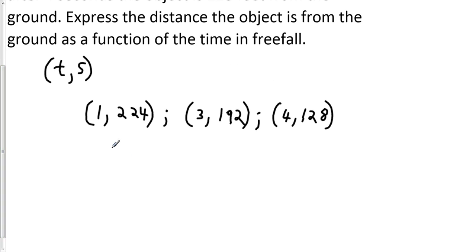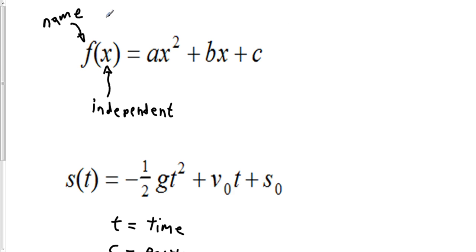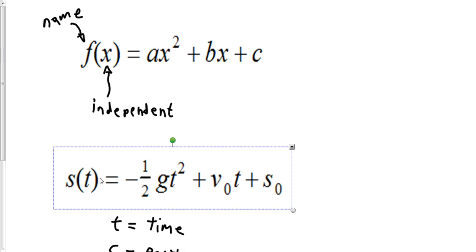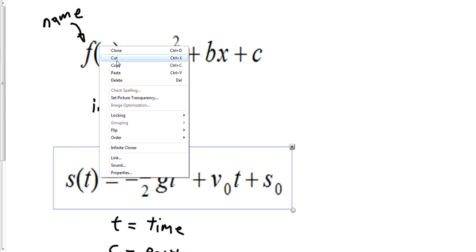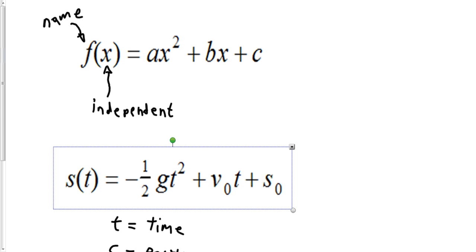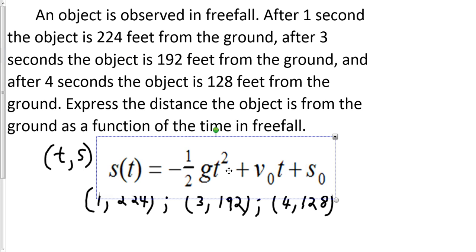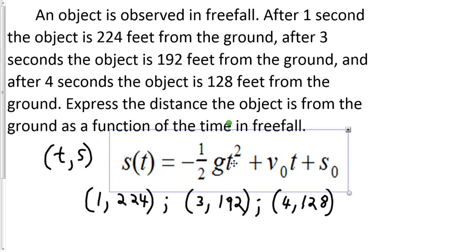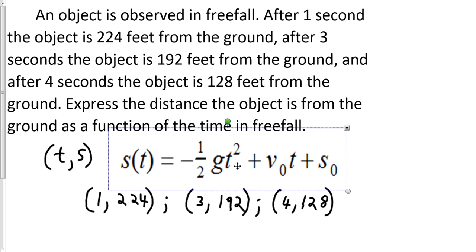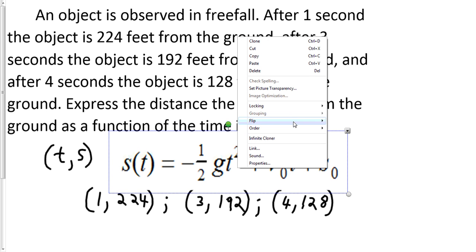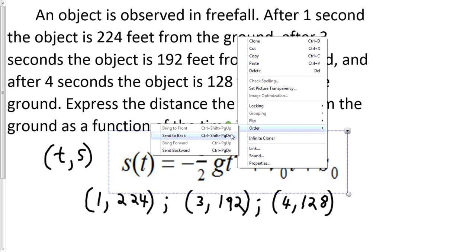So the first one, actually, let's bring it over so we know what we're doing, so we can see it as we're doing it. This is what we're plugging those ordered pairs into, x and y values, or t and s values in this case. All right, so let's go ahead and start plugging it in.